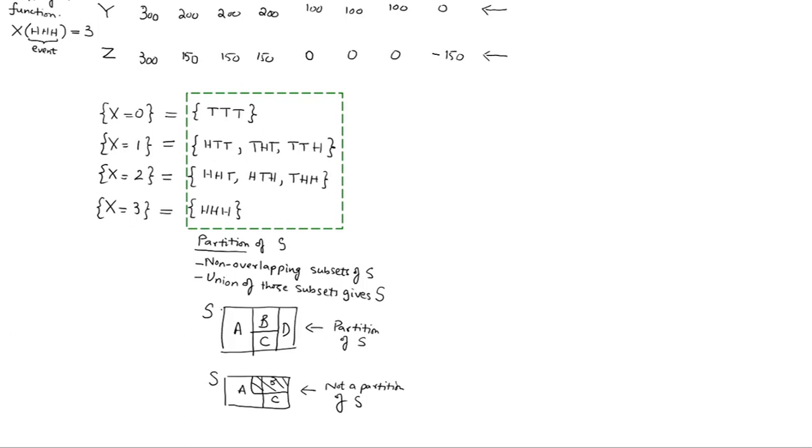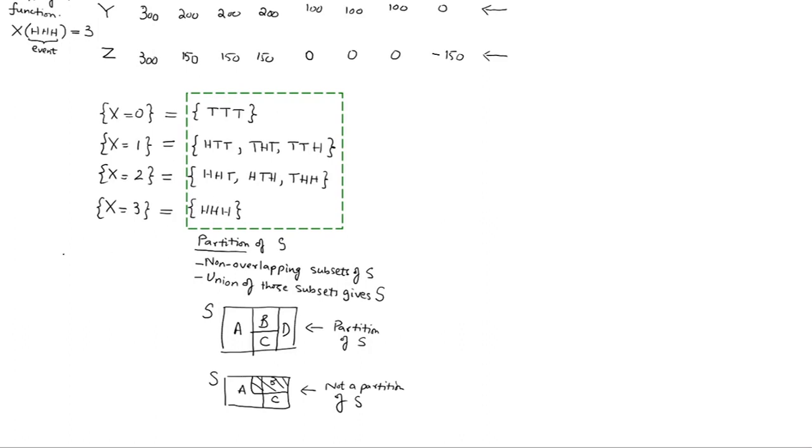Yes, sir. Okay, great. So what does a random variable do? When X takes value 0, value 1, value 2, value 3, it corresponds to subsets of the sample space. These subsets are non-overlapping, and their union gives you the whole sample space.